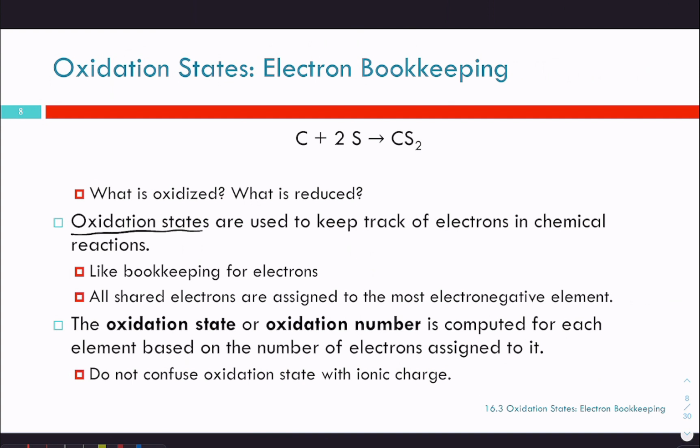The oxidation state or oxidation number is computed for each element based on the number of electrons assigned to it, which partly comes from a table, partly comes from the periodic table. It's not the same as charge, but it will be very similar in a lot of cases.